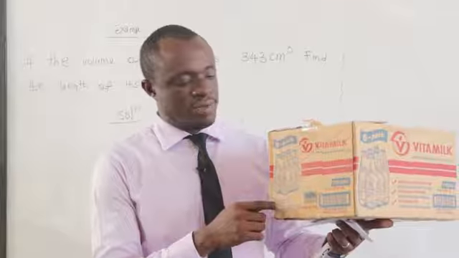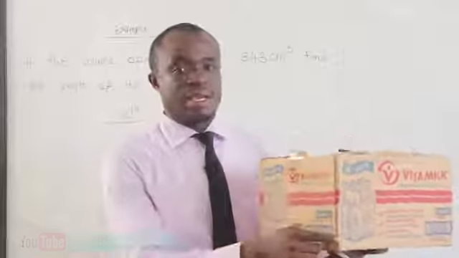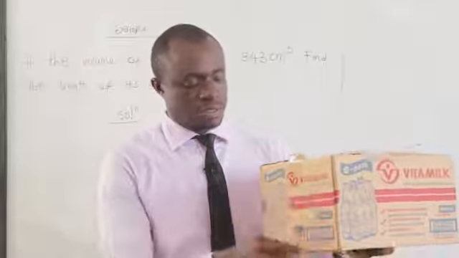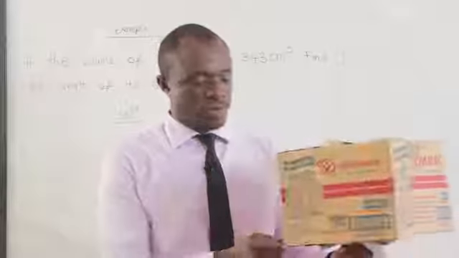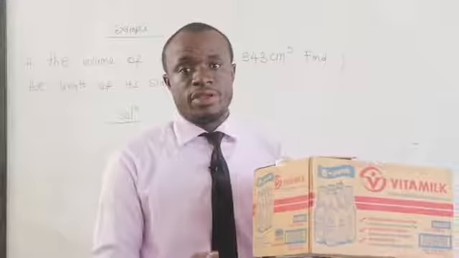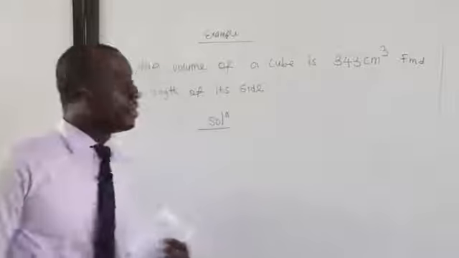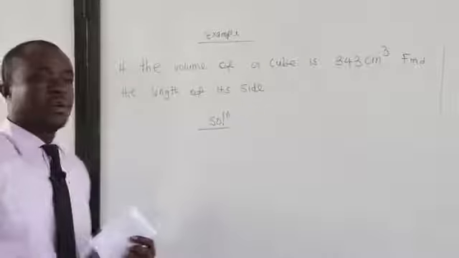The cross-sectional area here, we can see that this is the breadth and this is the height. So that is WH, and then we add the L. You know the width is the same as the breadth. Now, it says that if the volume of a cuboid is 343 centimeter cube, find the length of its side.